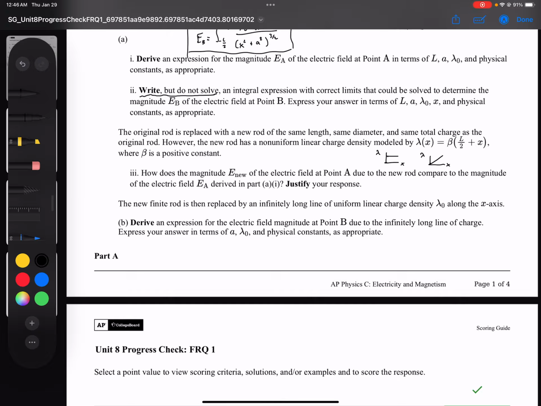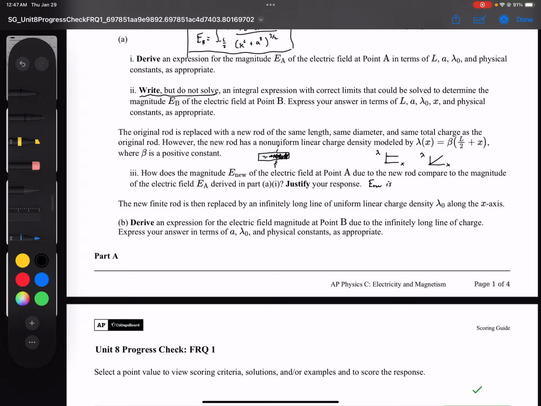So then the question is, if we look at this new charge distribution, here's how I physically think about it. I'm going to draw a rod. There's no charge on the left-hand side, and then the charge builds up on the right-hand side, until we have a lot more charge on the right-hand side than on the left-hand side. And the idea is the electric field has to actually be less. So we know that E new is less than the electric field from part A1.